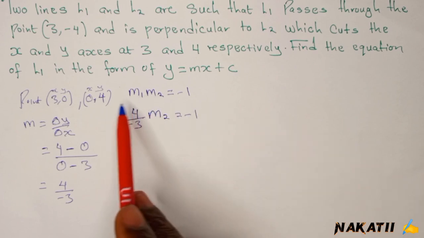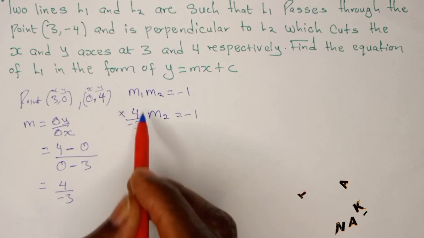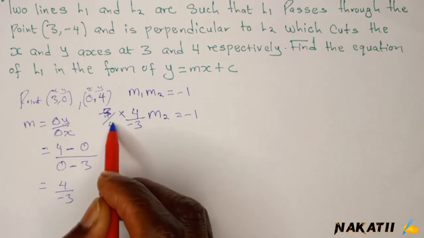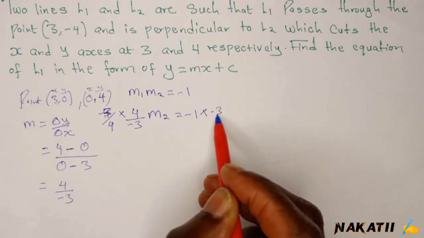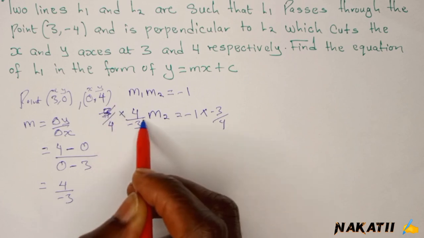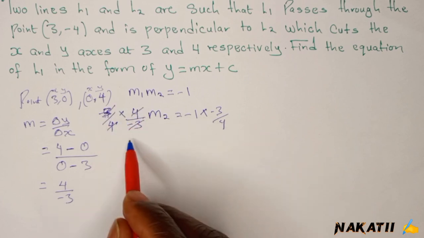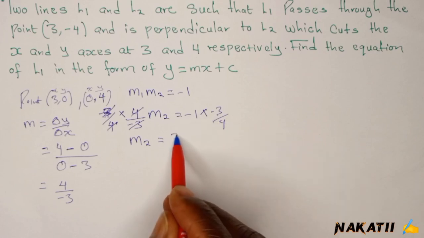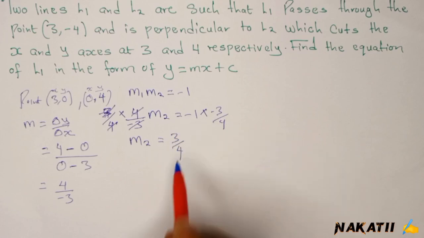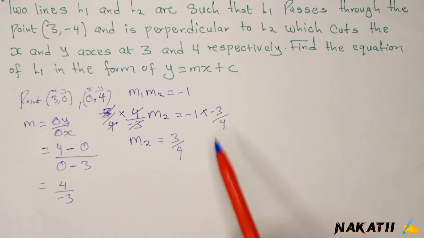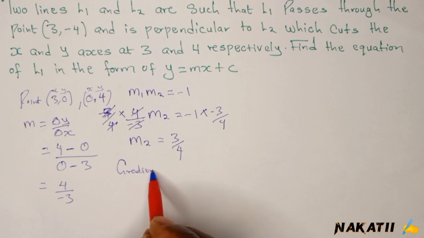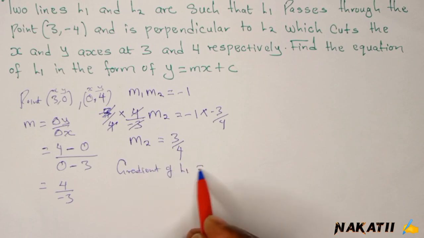So to get M2, we multiply by the reciprocal of this one, which is -3 over 4. Multiply this side by -3 over 4, so that it can cancel out. So we're going to remain with M2 equals negative times negative is positive. So we're going to have 3 over 4 as your gradient. So this is the gradient of L1. So therefore, gradient of L1 is 3 over 4.